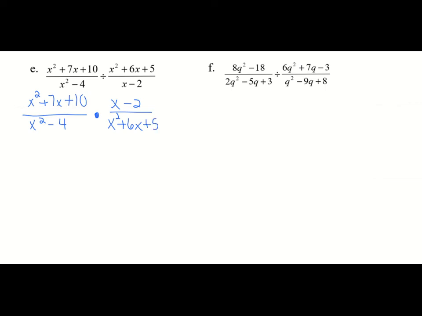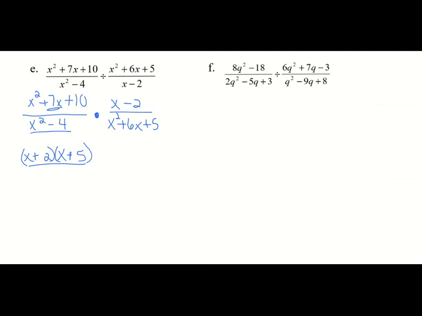And now what we're going to do is we have to factor everything. So for the top part there, x squared plus 7x plus 10. I know it'll factor, let's see, (x plus)(x plus), because we have two plus signs there. And to get 10, we can do 1 and 10 or 2 and 5, and I need a 7, so we're going to use our 2 and our 5.